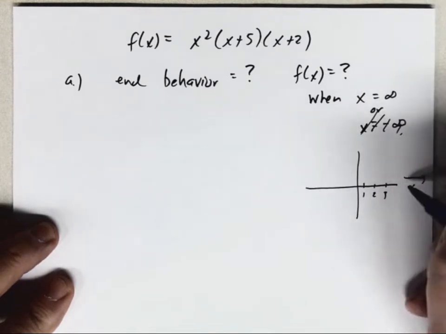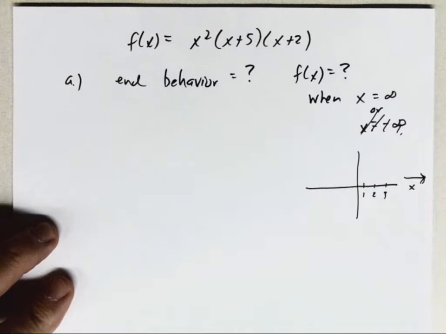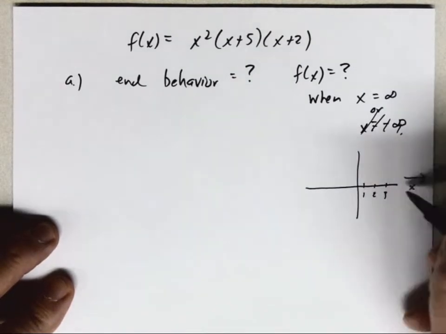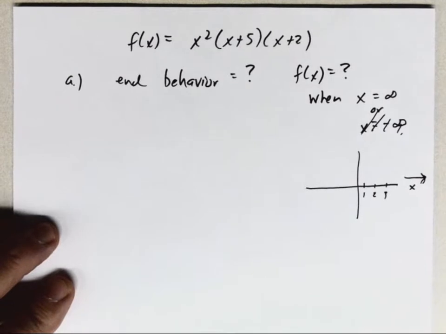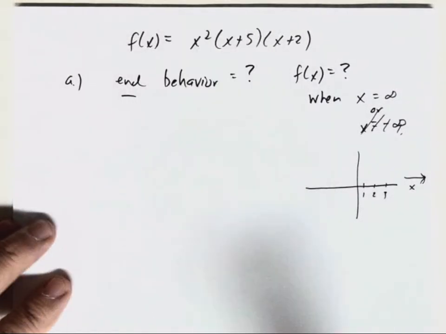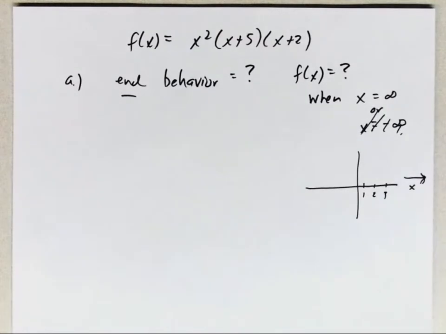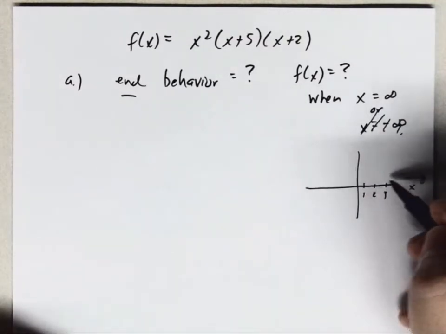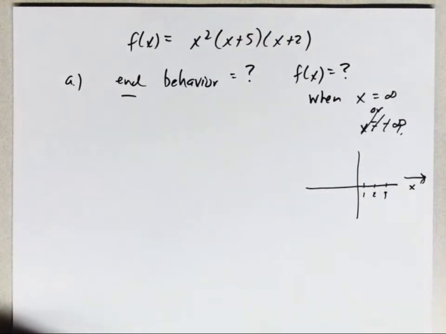It's way out here, even farther out than you can imagine. We would say it's way at the end or the edge of the graph. Well, that's why they call it end behavior. So they're saying, what happens to your function when x is really big, way at the end of your graph?